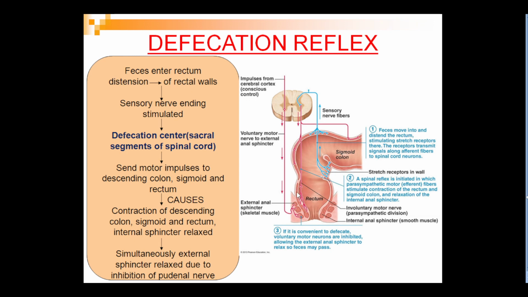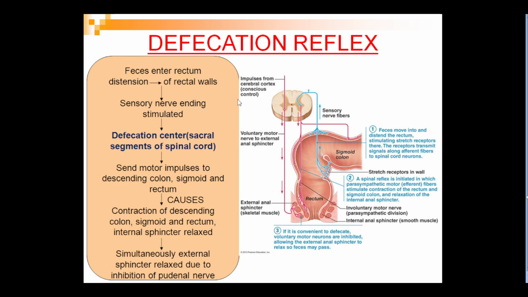What is required for the defecation to happen? We will need contractions of the rectum, which might be stimulated by the parasympathetic nervous system. As you can see, the efferent fiber from the lateral horns will come to the wall of the rectum, and the second neuron within the wall, like intramural ganglia. Plus, you should relax the internal sphincter so that it will get open. But these two will not be enough for the defecation to happen. You still have the external sphincter, which is made of skeletal muscles, and it's under voluntary control.